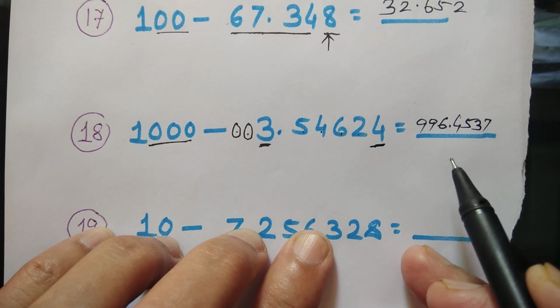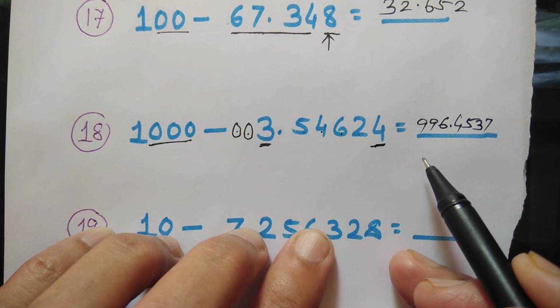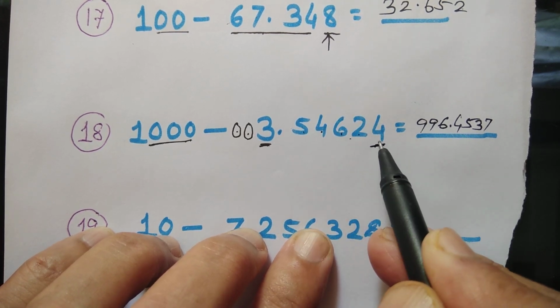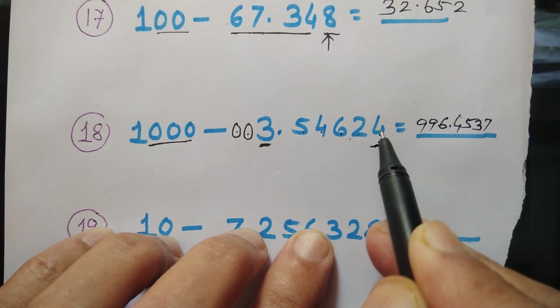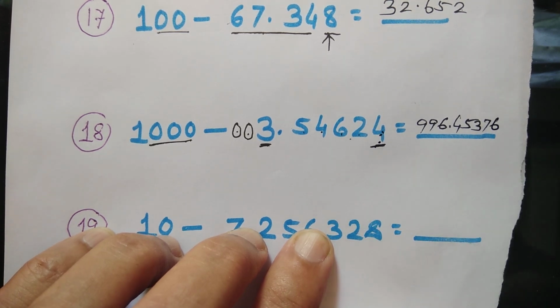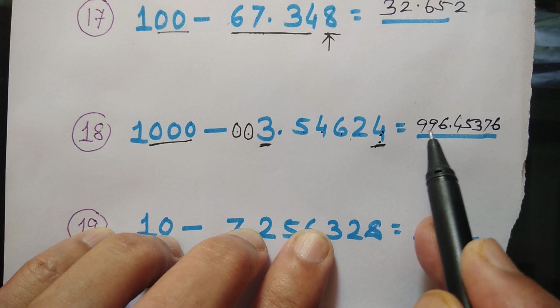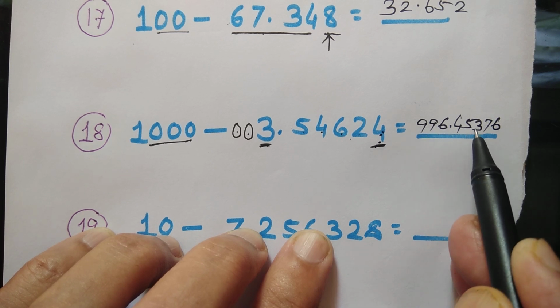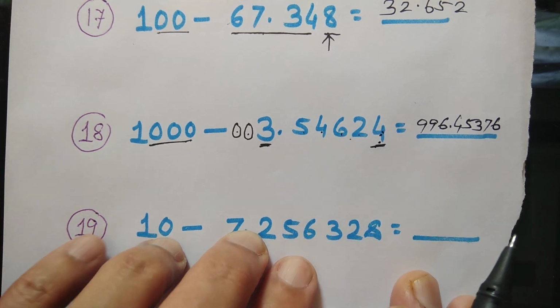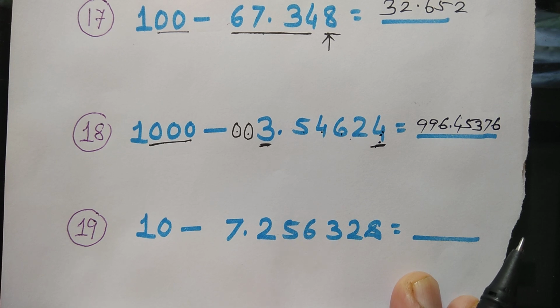And last number from 10 means 4 plus 6 is 10. So 996.453676 is correct answer. Dear students, in this way you can get very correct answer within second.